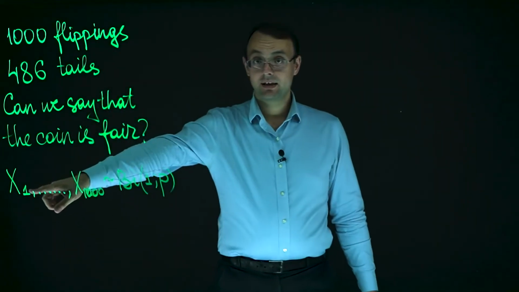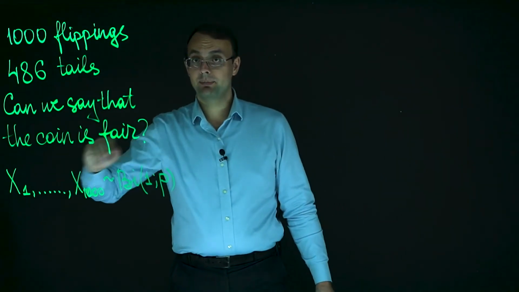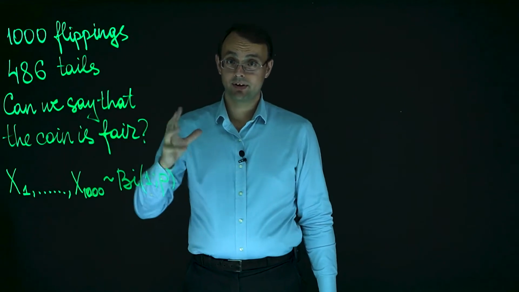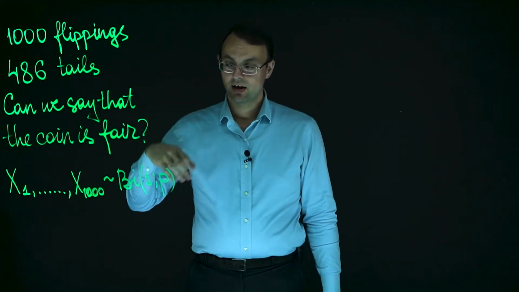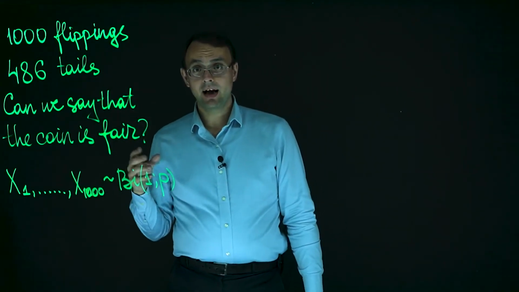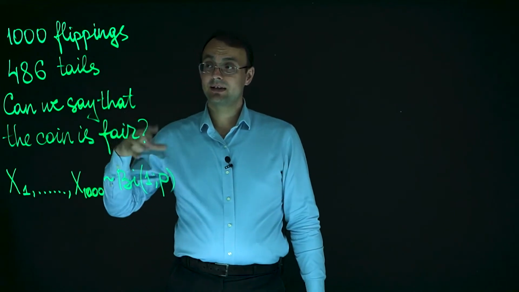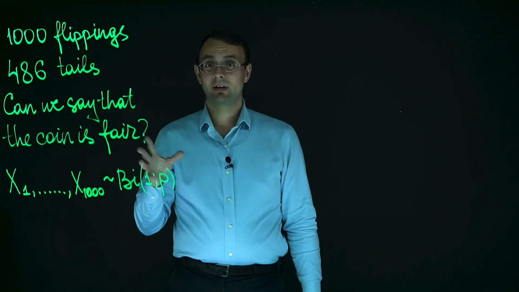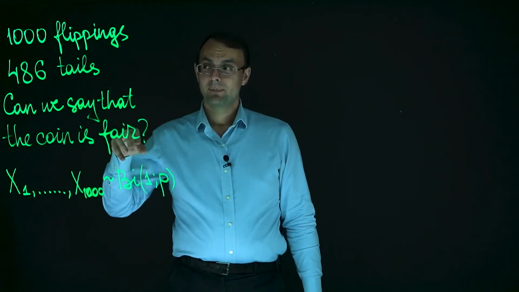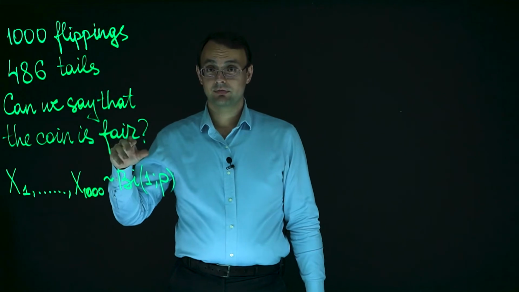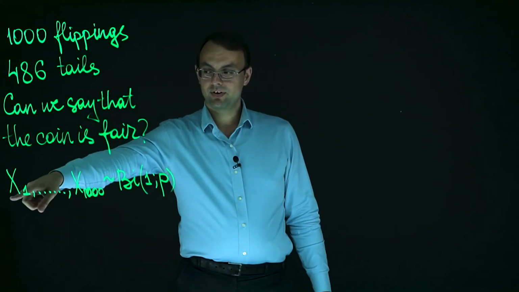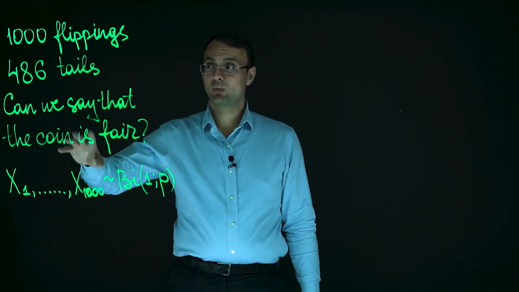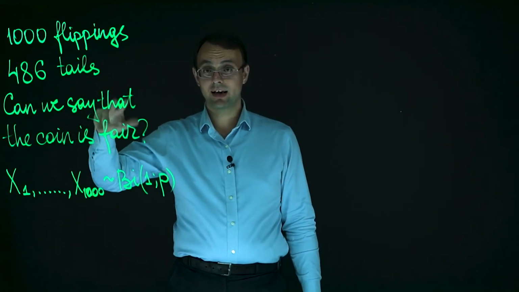So xi is the result of the ith flipping. In each flipping we have either tails or heads. If the ith flipping ends in tails, then xi is equal to 1. And if in heads, then xi is equal to 0. So all these observations are ones or zeros depending on what happened, heads or tails.